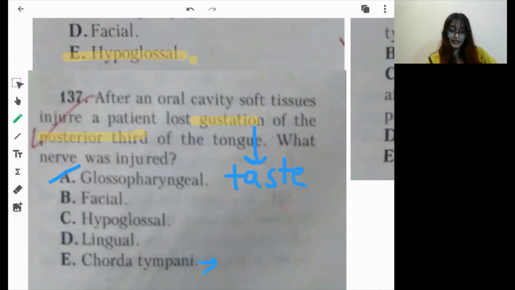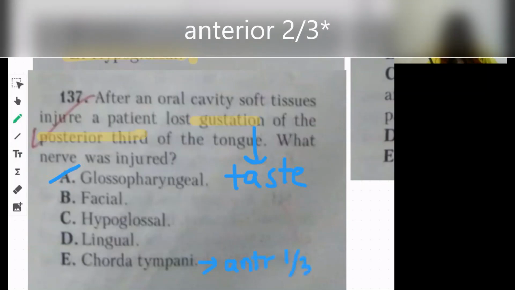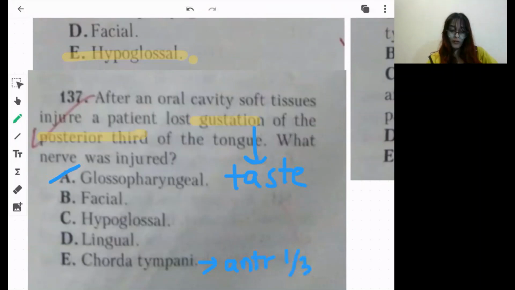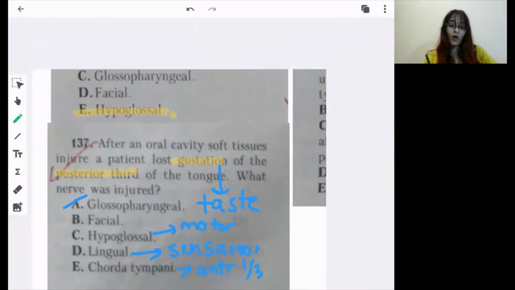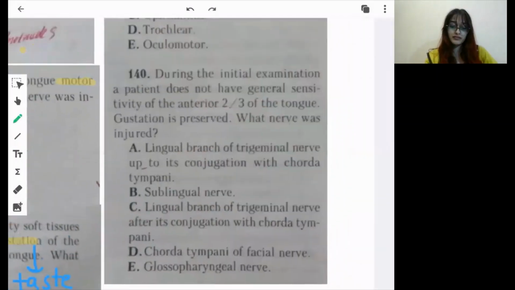And this is for taste in the anterior one-third. Okay, lingual nerve was for what? Lingual nerve of trigeminal nerve. So this was for basic sensation, pain and so on. And hypoglossal was motor. When you choose an answer to a question, always see why other options can't be the answer.